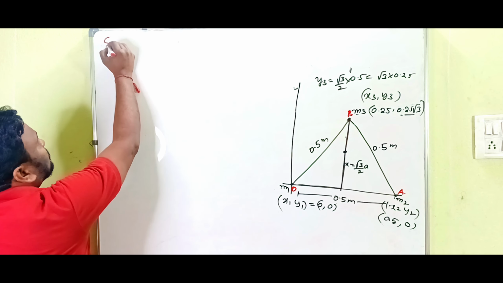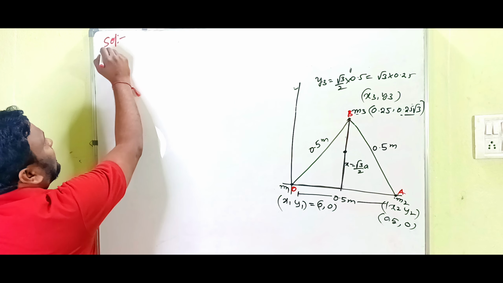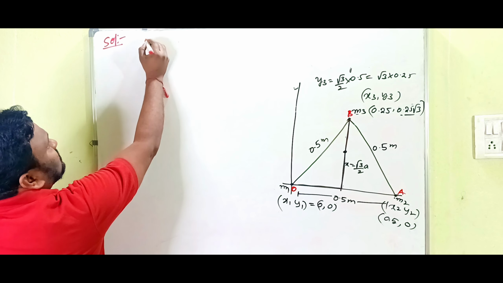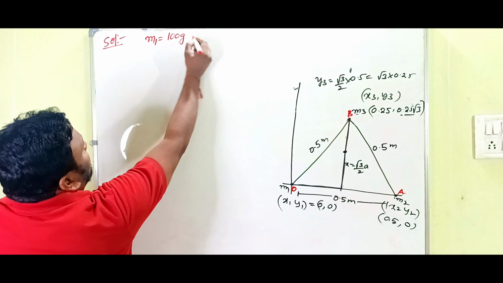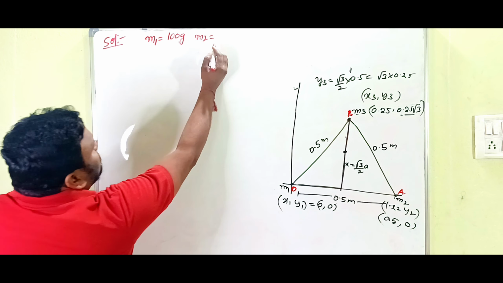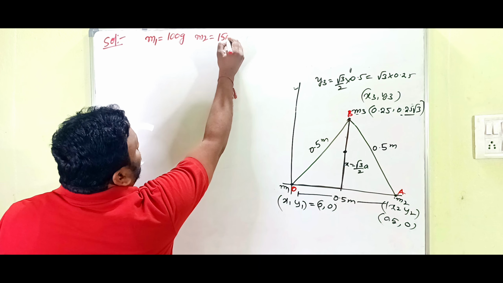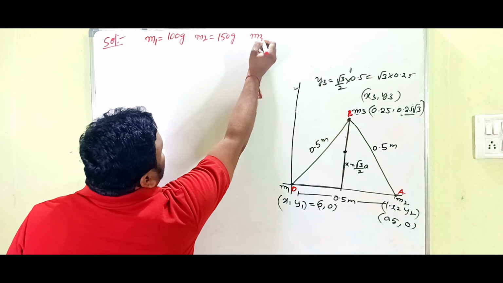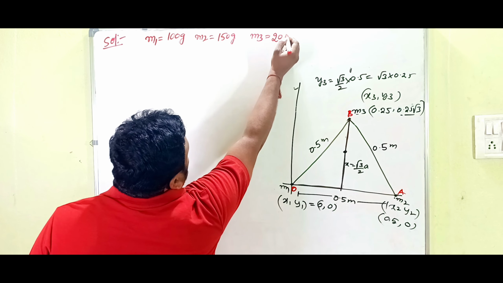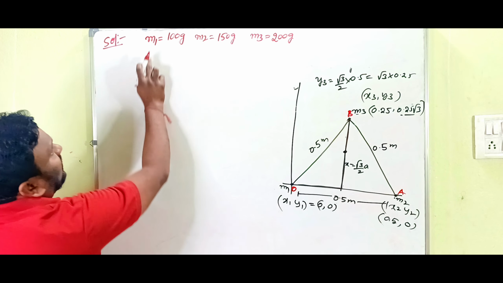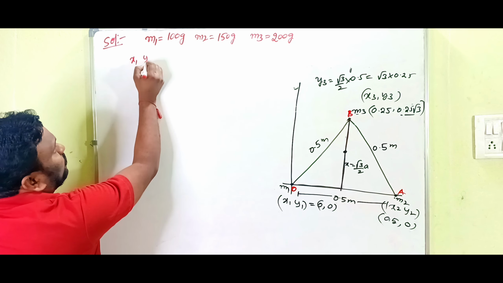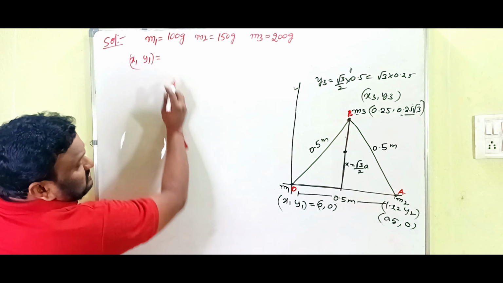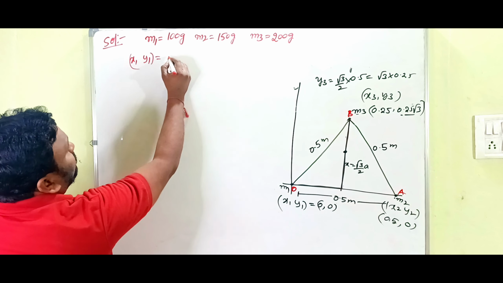Now we are going to the solution by a direct formula. Here what was given? m1 is equal to 100 grams, m2 is equal to 150 grams and m3 is equal to 200 grams, and the position of the particle m1 is given by x1, y1. What is it? 0, 0.